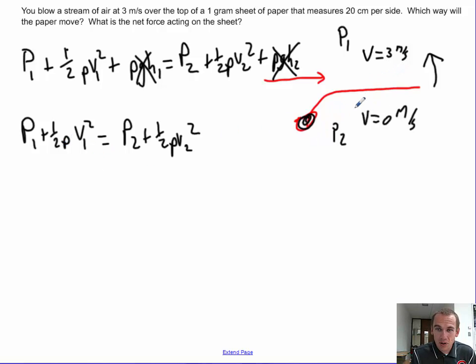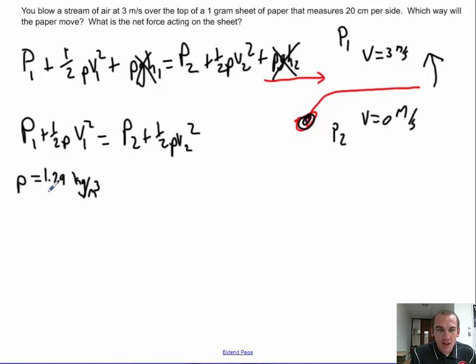I also don't know the density, but the density of air is something I can look up. The density of air is 1.29 kilograms per cubic meter, which is an incredibly low density. The density of water is 1,000 kilograms per cubic meter, but we should expect that air floats, so it's not a very dense thing.